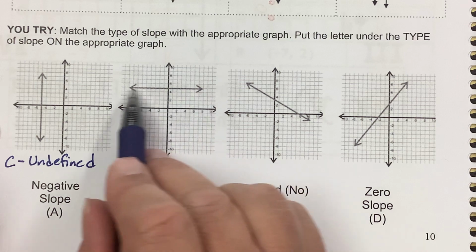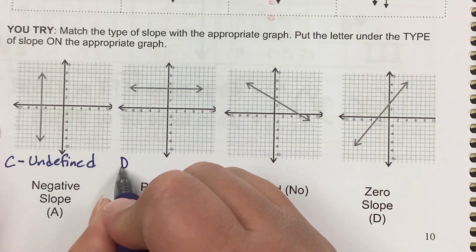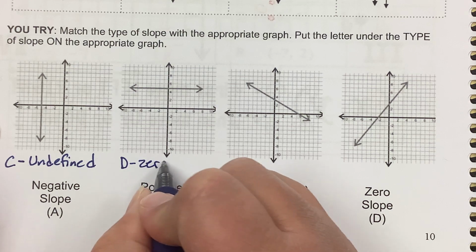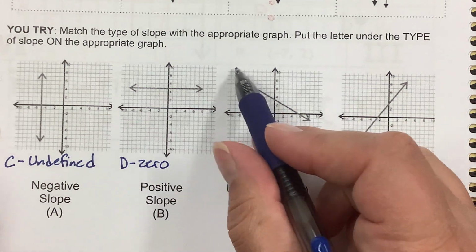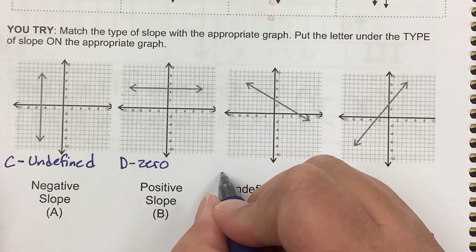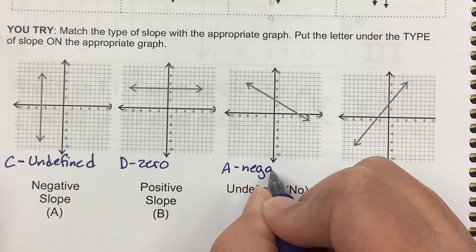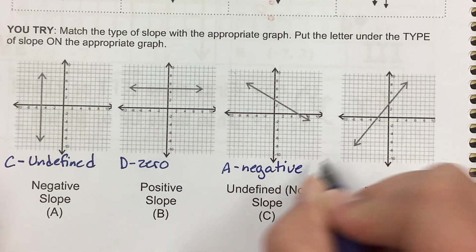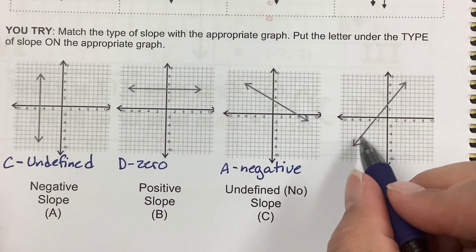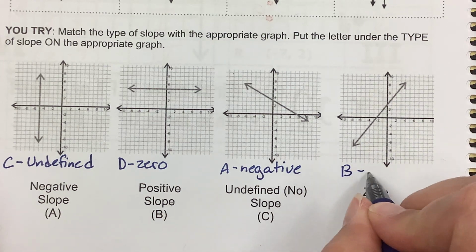And this one's the straight across zero slope, which is letter D. This one, if my buddy Lefty was here, he'd be going down because that is a negative slope. If my little buddy Lefty was here, he'd be climbing up because that is B, the positive slope.